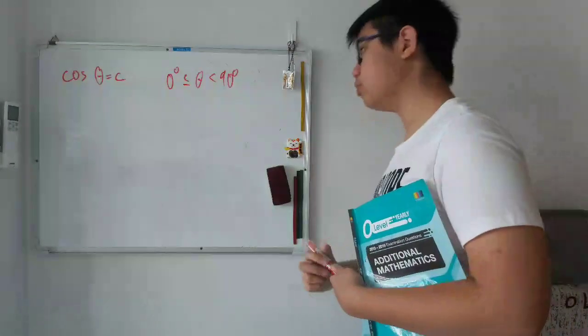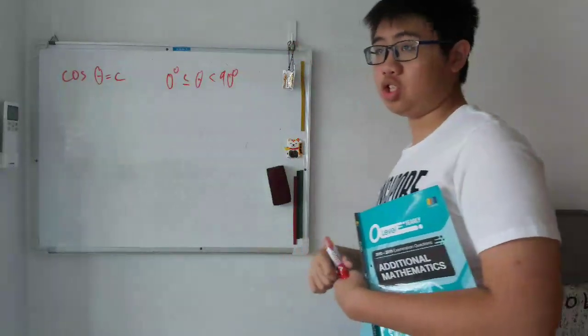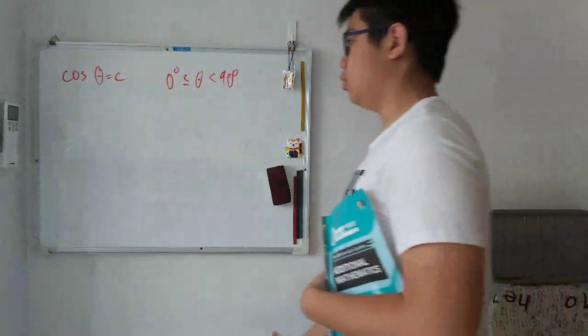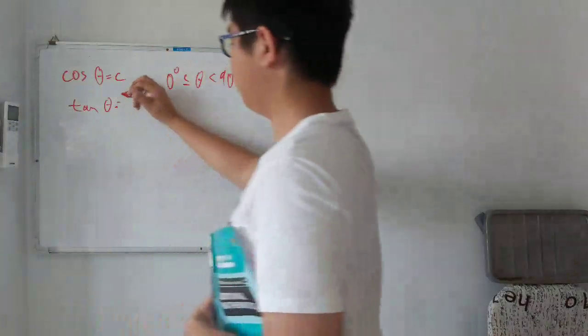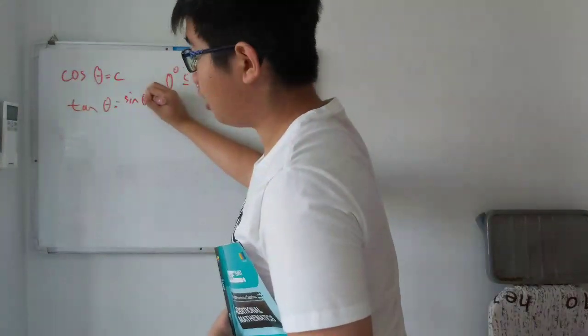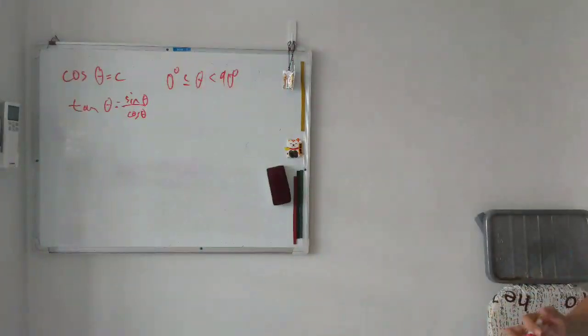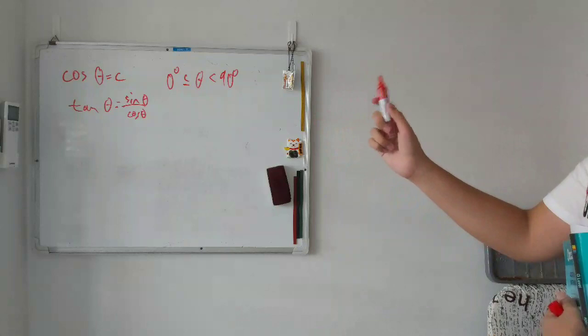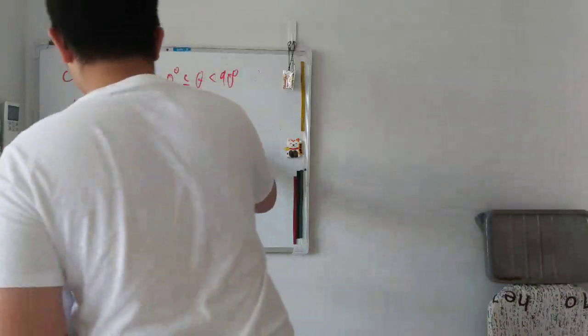So now we know that cosine theta is equal to C, right? So what is tangent theta? Think about it. Tangent theta is equal to sine theta over cosine theta. But we know that cosine theta is just C.